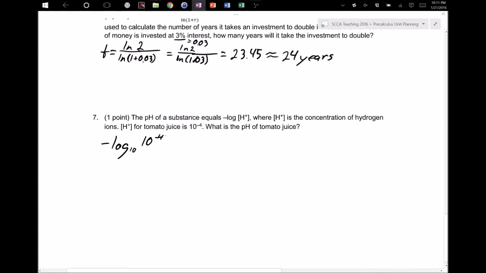If I'm missing the base, that means my log is log base 10. Then by definition, this becomes negative of negative 4, which is 4. So the pH is 4 for tomato juice.